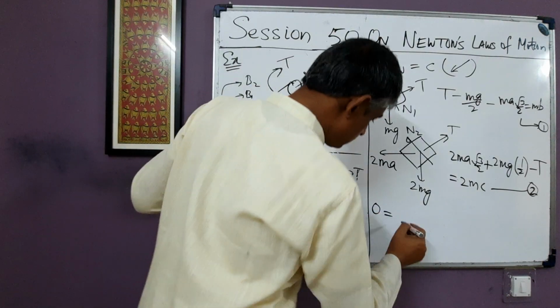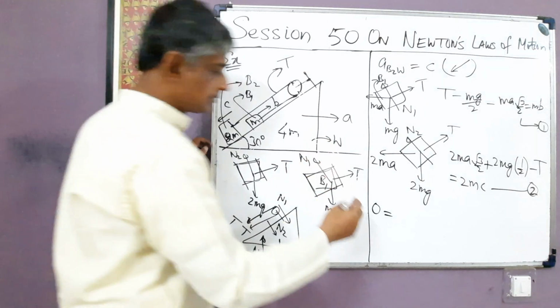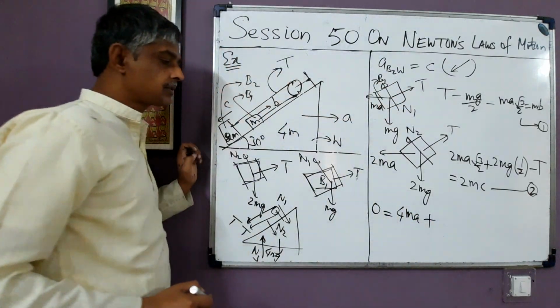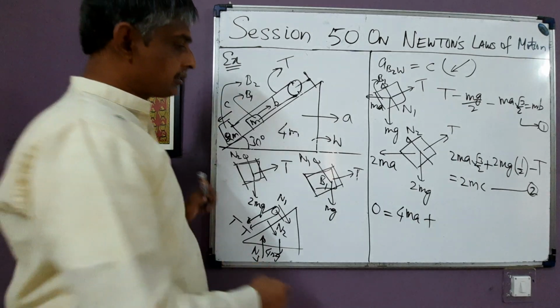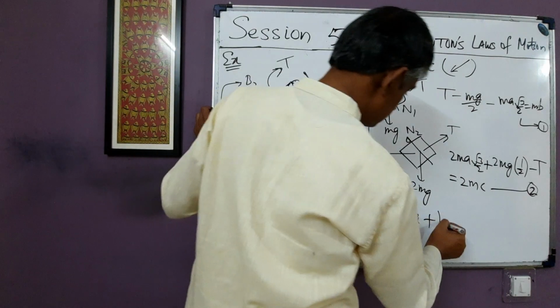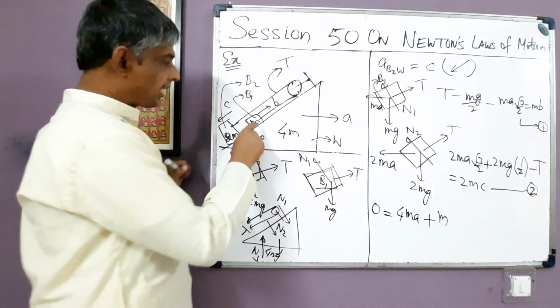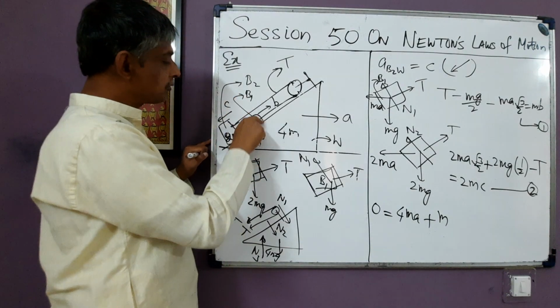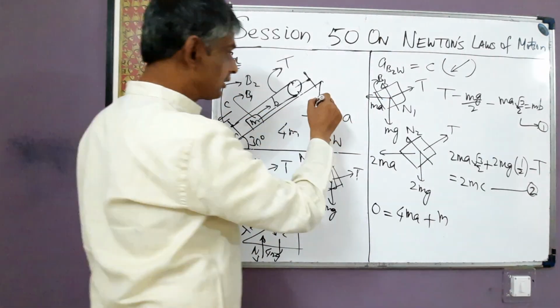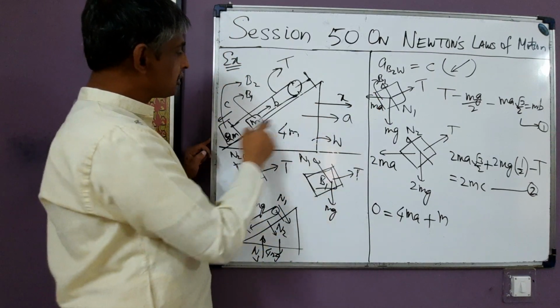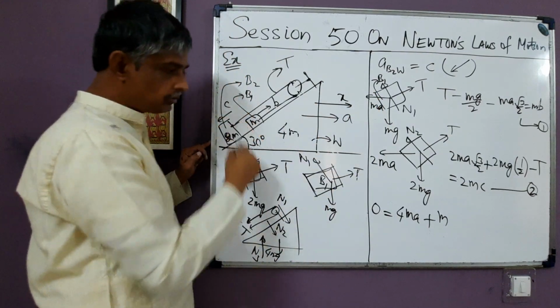That is equal to 4ma plus, now what do we have right here? Mass m, block of mass m B1, times acceleration of block B1 with respect to ground in this direction. Let us call this direction as x direction. What do we write here? X component of acceleration of block B1 with respect to ground.